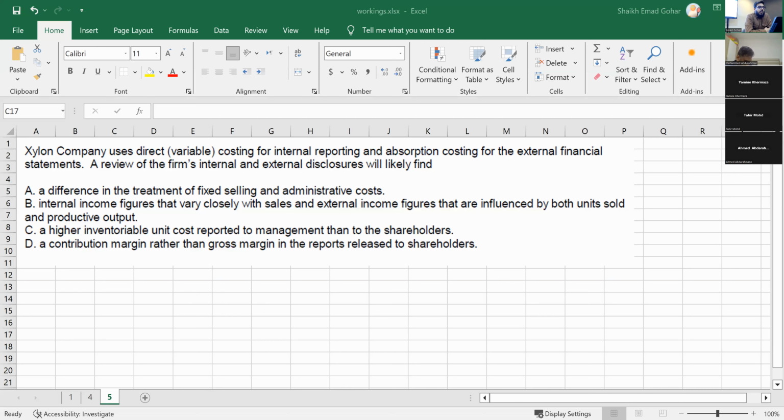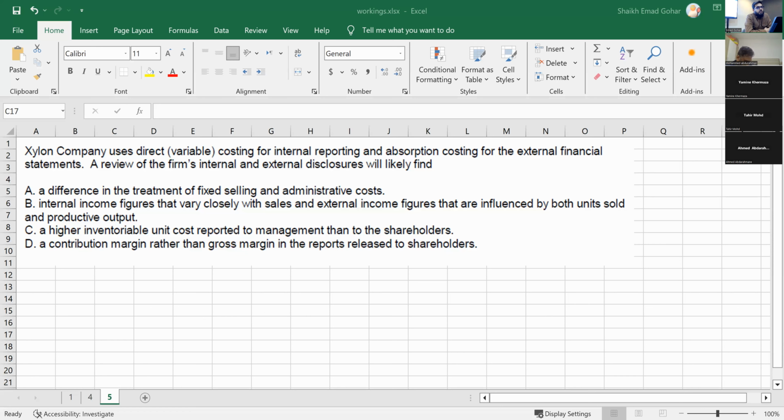So they are saying option A, a difference in the treatment of fixed selling and admin cost. If you remember absorption and variable costing, is there any difference in the treatment of fixed selling and admin cost? Yeah, there is a difference. What difference is there?